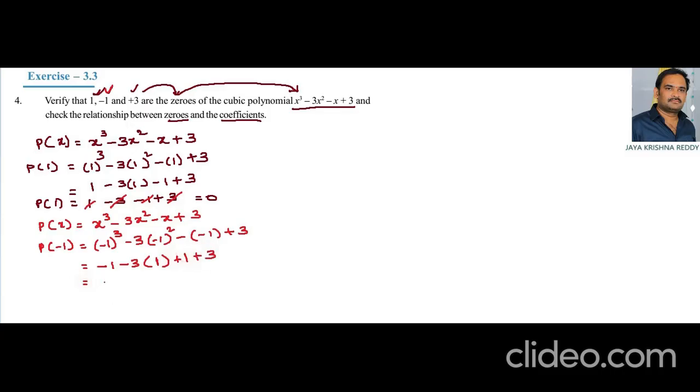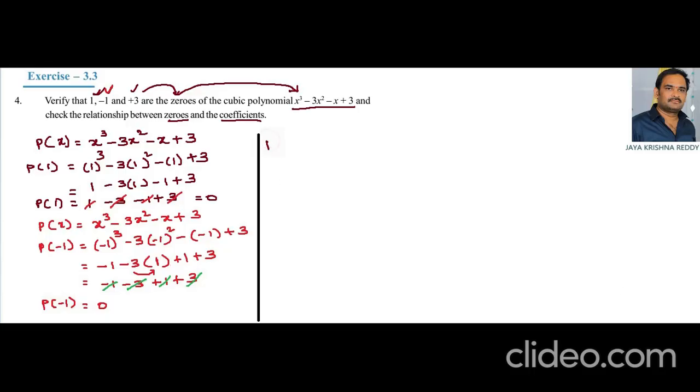So it is equal to minus 1, minus 3 into 1, it is minus 3, plus 1 plus 3. So here plus 1 and minus 1 will be cancelled, and the next plus 3 minus 3 will be cancelled. So it is equal to 0, means p of minus 1 is also 0.